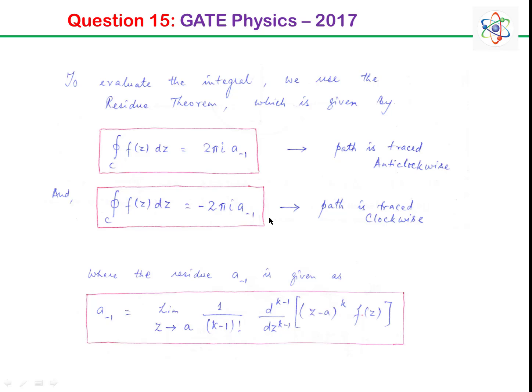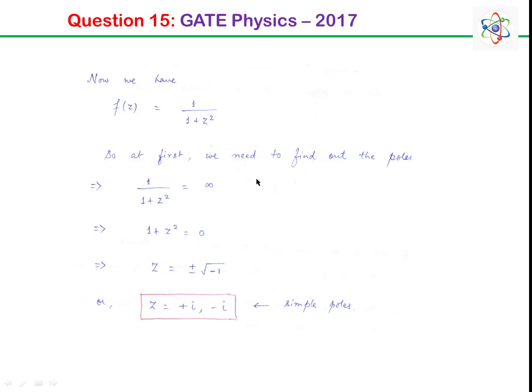So for this given problem, our concerned equation will be this one. Now a minus 1 is the residue, which is given as the limit of z tending to a of 1 by (k minus 1) factorial, d to the power of k minus 1 by dz to the power of k minus 1, of (z minus a) to the power k into f(z).